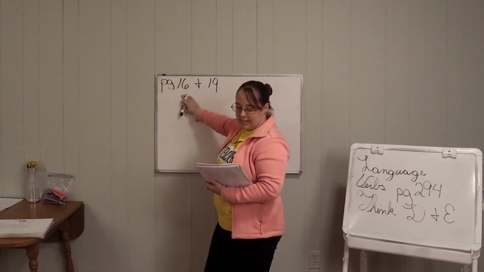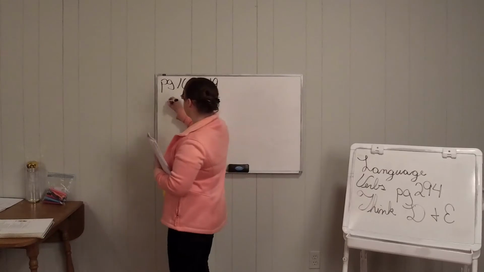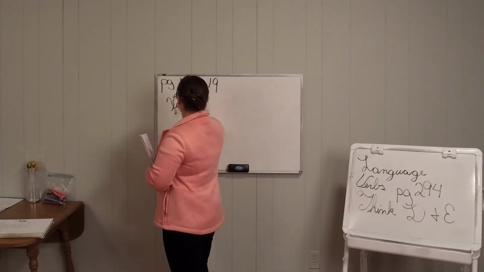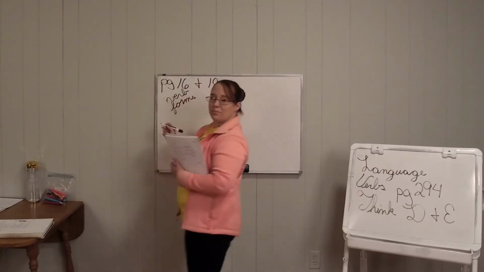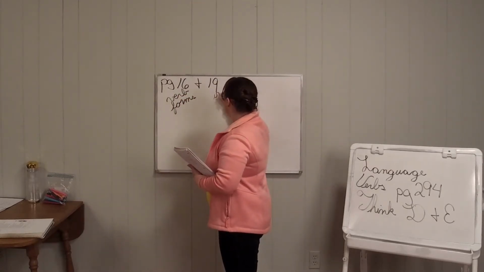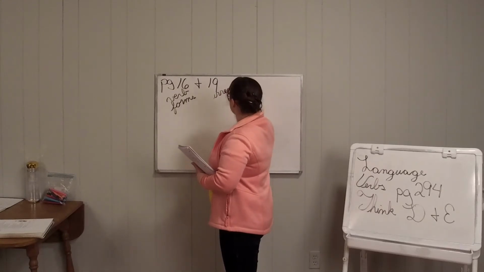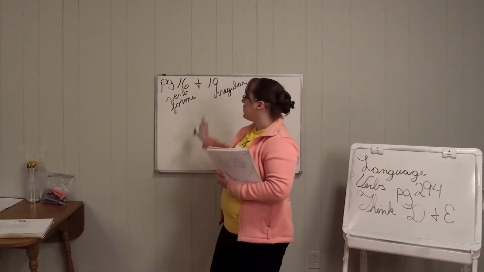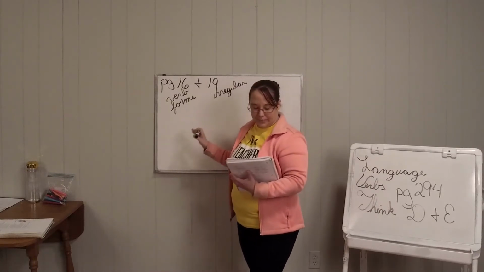Page 16 is the different verb forms that we have and how to use them, as examples. And then page 19 is your irregular verbs. So if you want to look at those pages again.